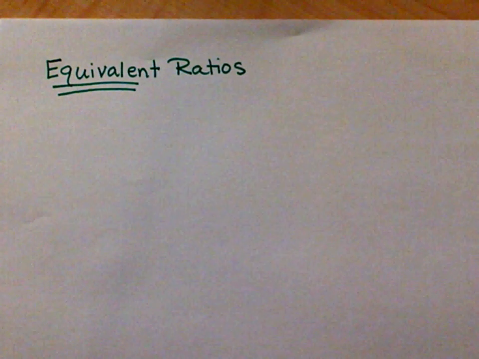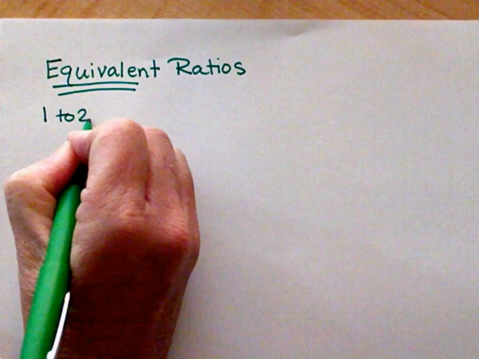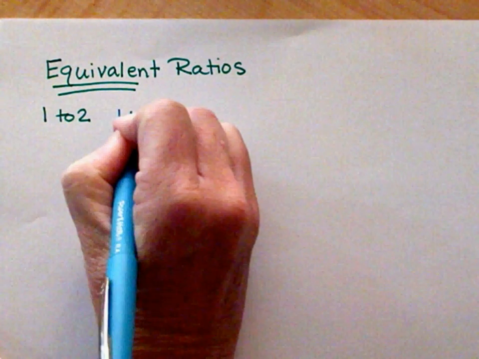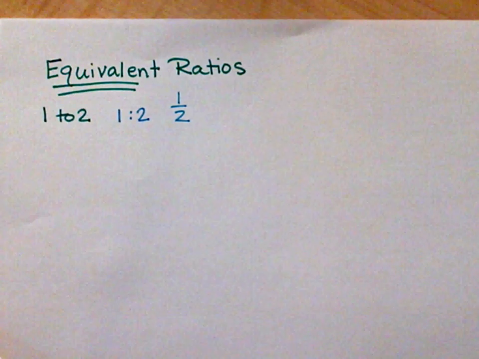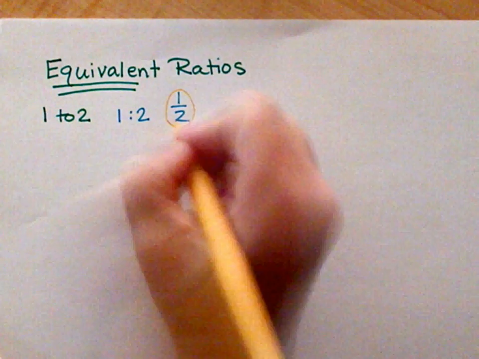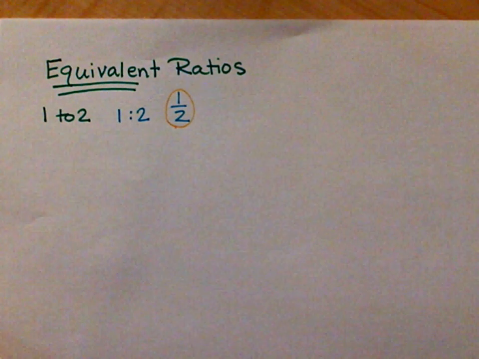So if I have a ratio of 1 to 2, I can write this ratio in 3 different ways: 1 to 2, or 1 to 2. I want to look at how I would take the fraction form and write equivalent ratios for that.